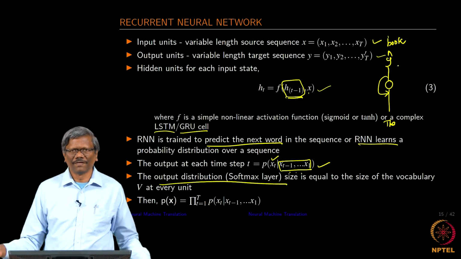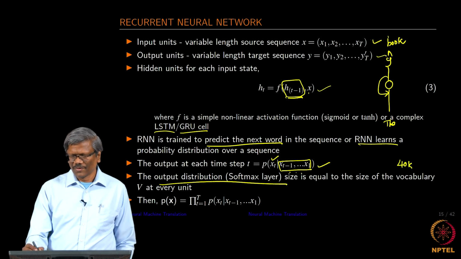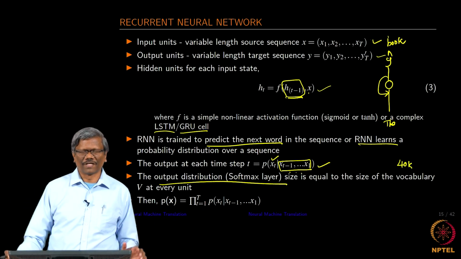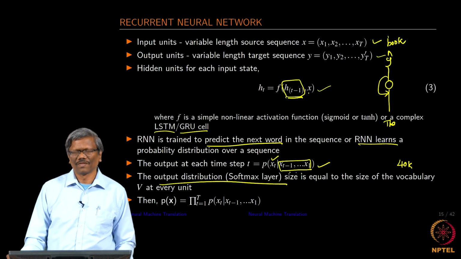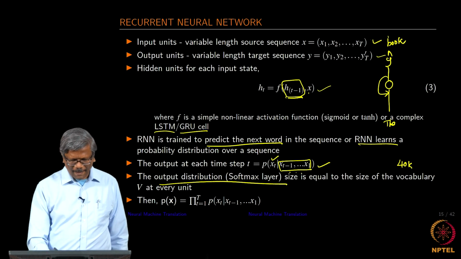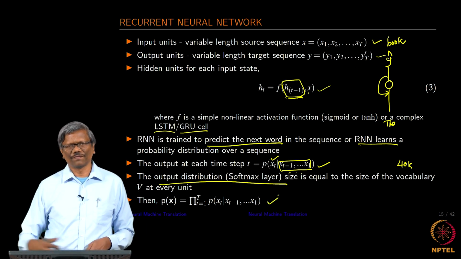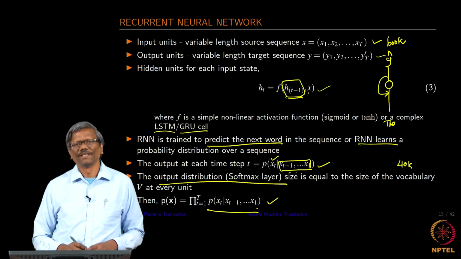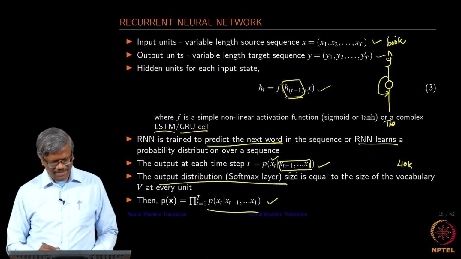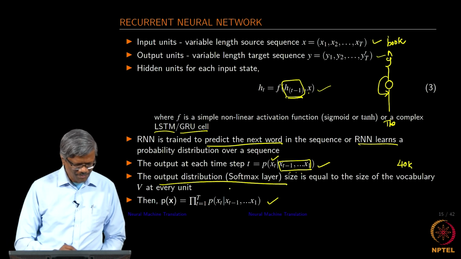So, if you have 40,000 as your vocabulary, the distribution is going to have 40,000 values. This also we understand well, I guess. And then the probability of the sentence is the computation of the probability of each of the words that we have identified. So, this is what exactly we are computing in each box.